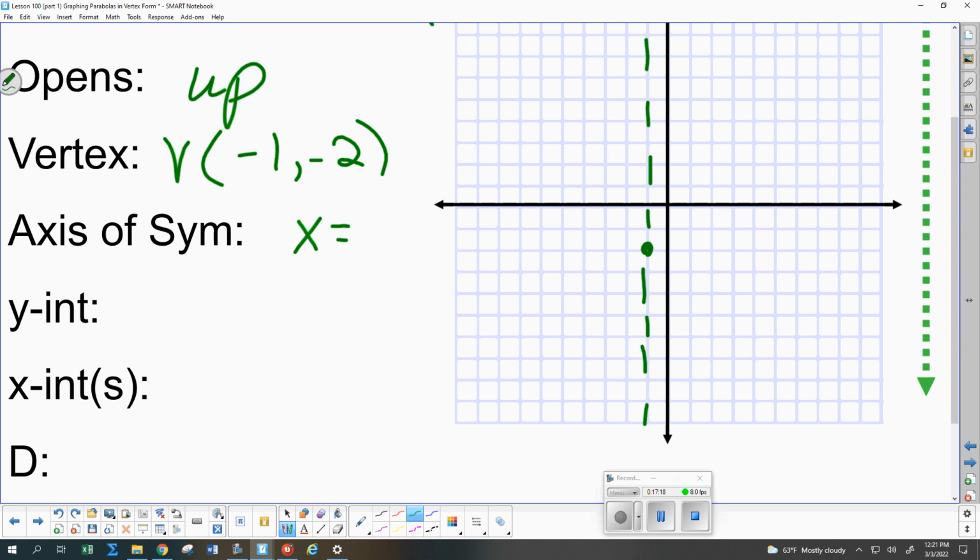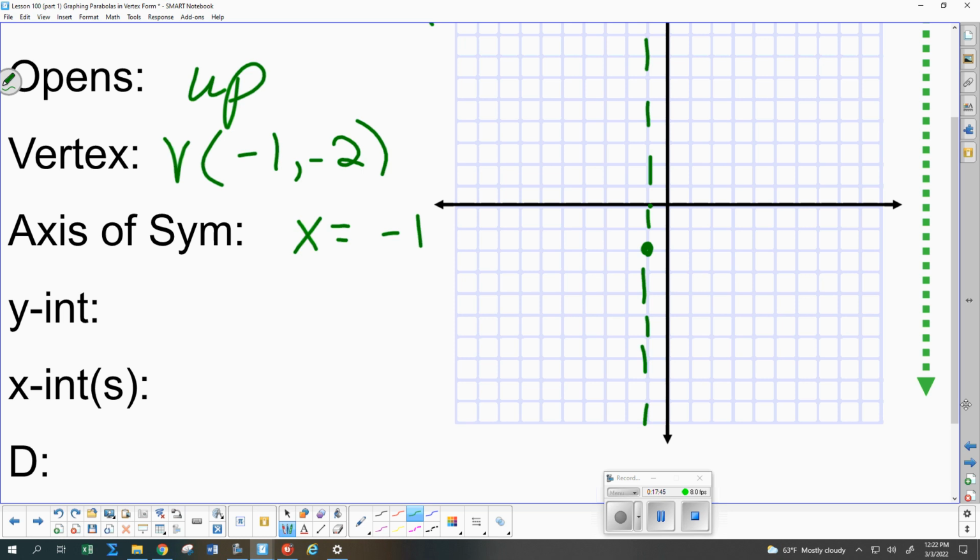X, and what is H on this one? What is the X coordinate of my vertex? -1. Now, I will count this wrong if you write -1. It's got to be X equals -1. The axis is not a number. The axis is not a point. The axis is a line. So you've got to have the X equals for the vertical line, Y equals its horizontal.